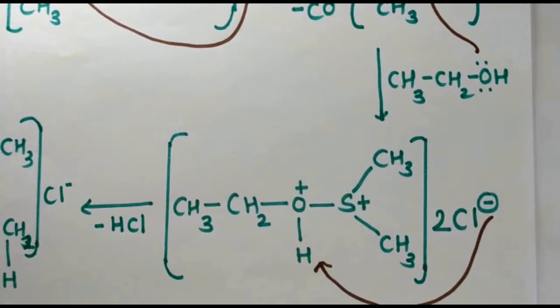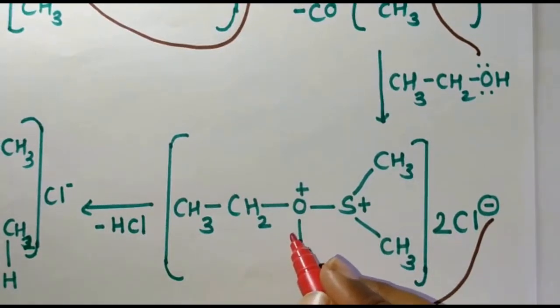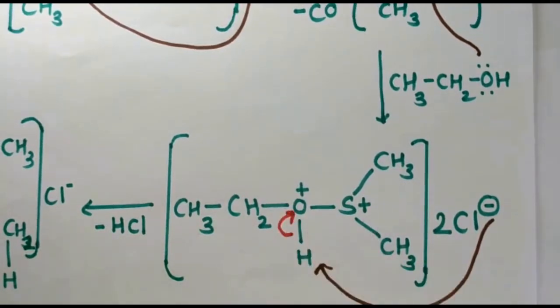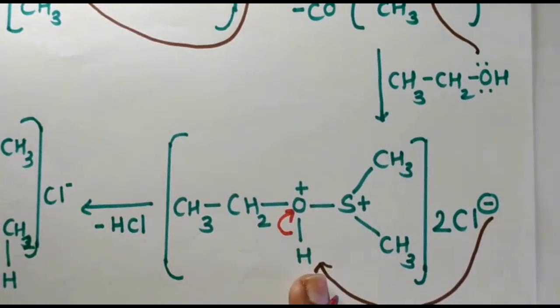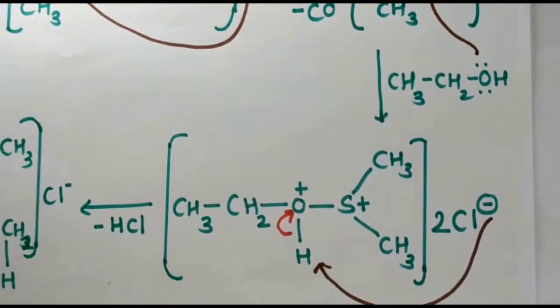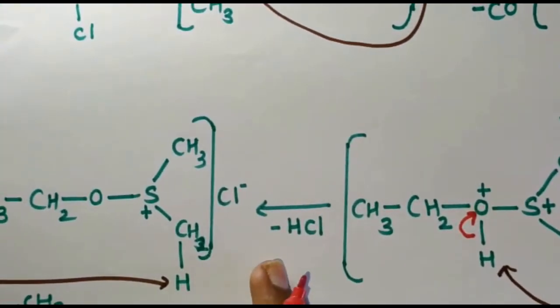Remember that. Now one of the chlorides will abstract the hydrogen, so this bonding electron pair is shifted here. This chloride ion abstracts the proton from this alcohol. Now there will be an elimination of hydrochloric acid.